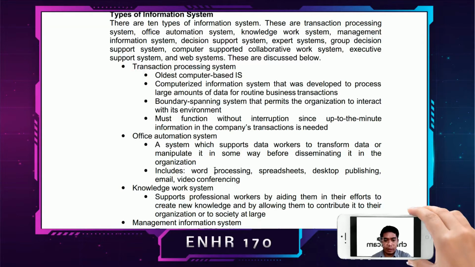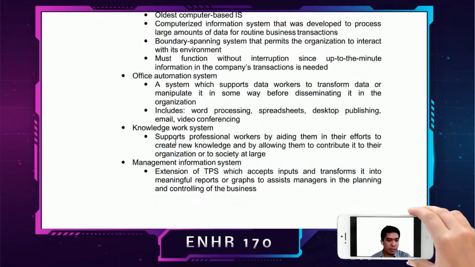This includes the use of word processing, spreadsheets, desktop publishing, email, and video conferencing. These are all examples of office automation systems. Then we have here the knowledge work system. This supports professional workers by aiding them in their efforts to create new knowledge, by allowing them to contribute it to their organization or society at large.